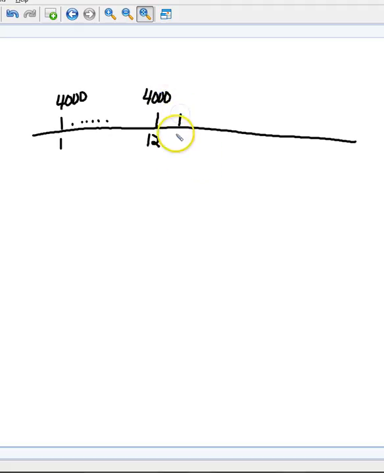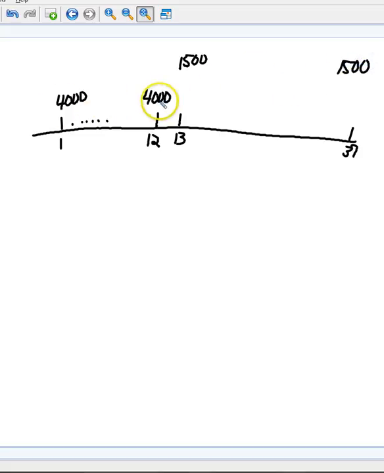Then, starting in quarter 13, for the next 25, so 12 plus 25 would give us 37, he's going to get $1,500. So again, we've got two different kinds of cash flows.